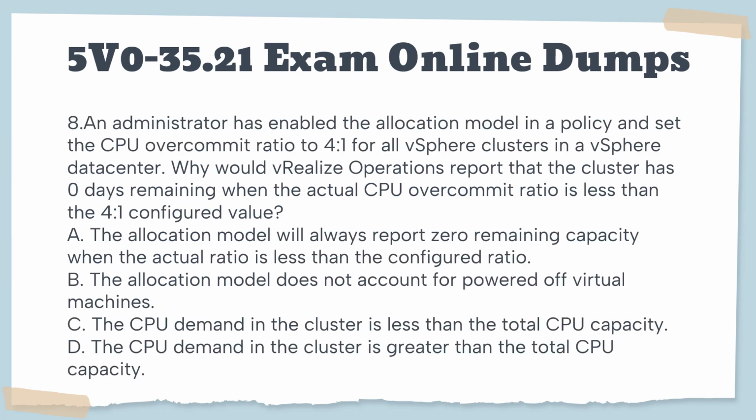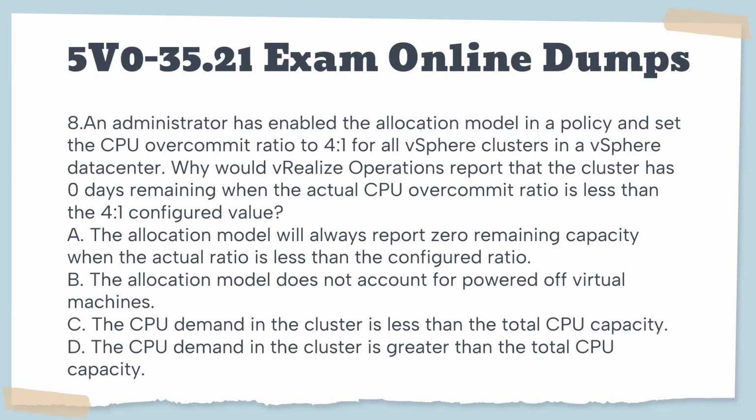8. An administrator has enabled the allocation model in a policy and set the CPU overcommit ratio to 4:1 for all vSphere clusters in a vSphere datacenter. Why would vRealize Operations report that the cluster has 0 days remaining when the actual CPU overcommit ratio is less than the 4:1 configured value?